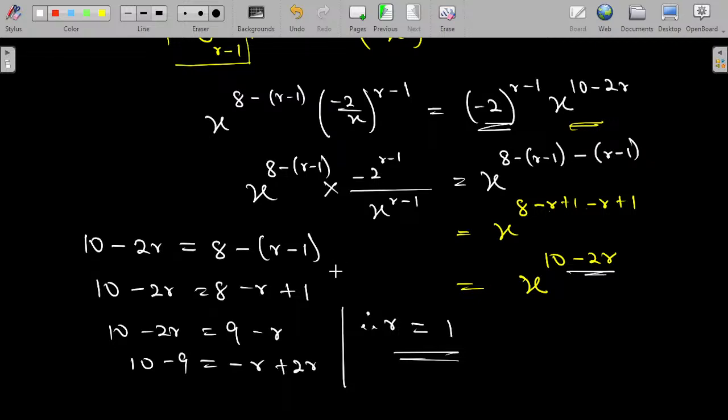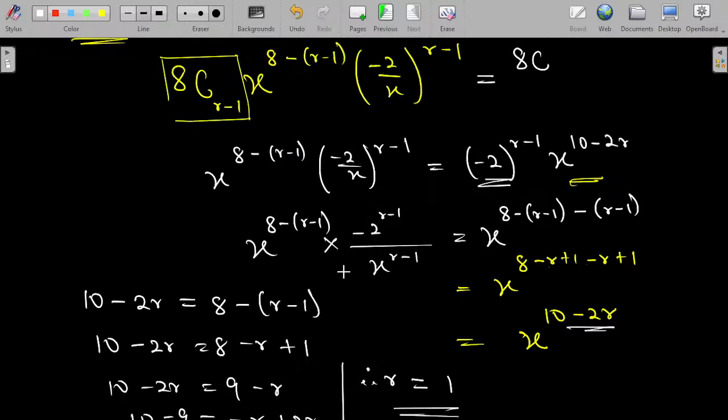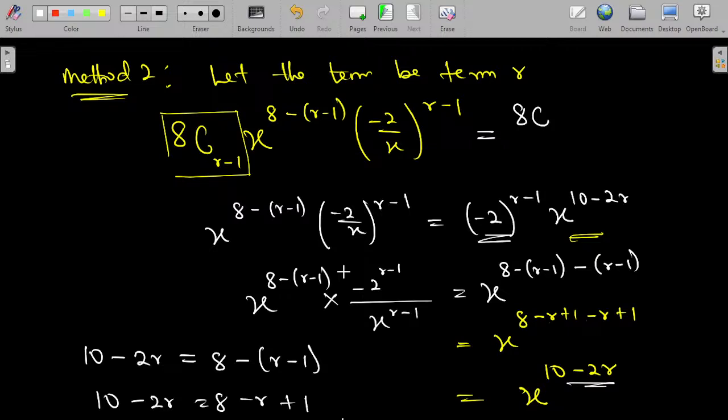Okay, let's look at this carefully so that we don't make mistakes there. You can see that your 10 to the power of minus 2r is the power of x on the right hand side.